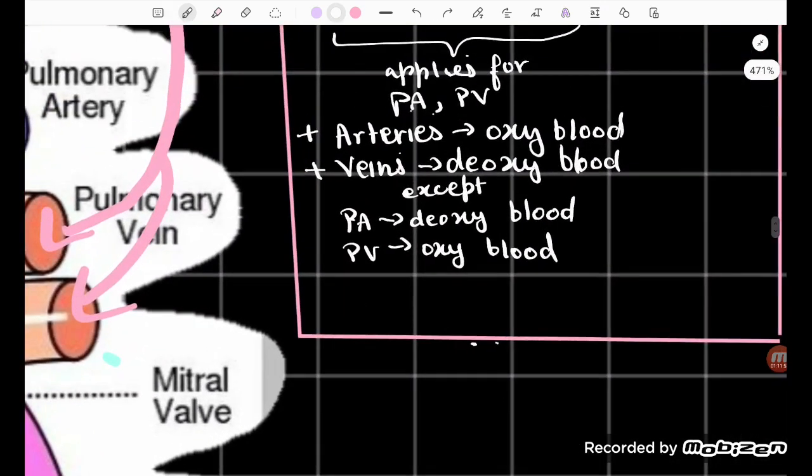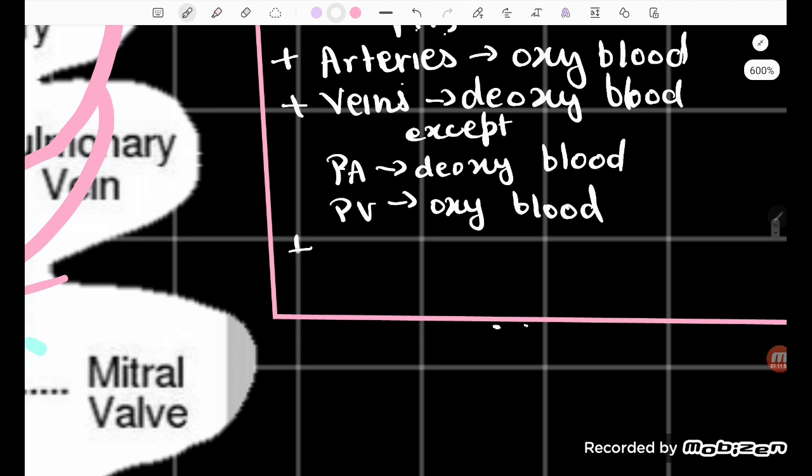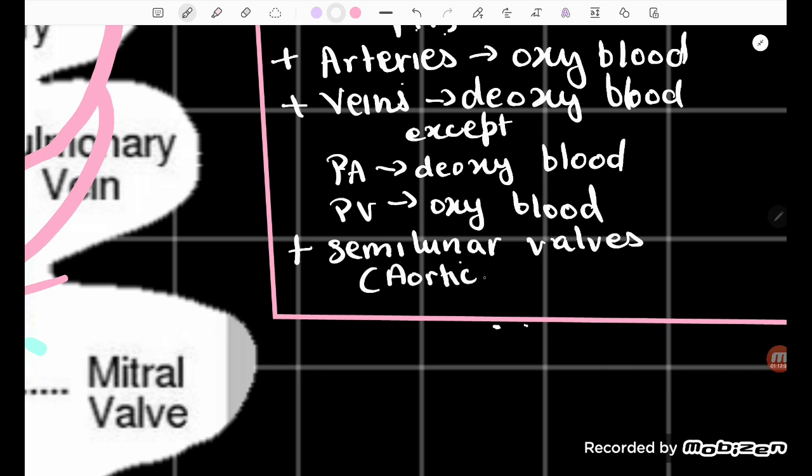Oh yeah, here again, back. Semilunar valves are aortic and pulmonary. Let me write that down. They are called mitral valves.